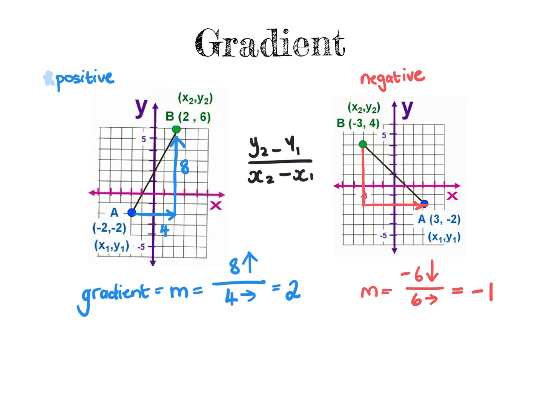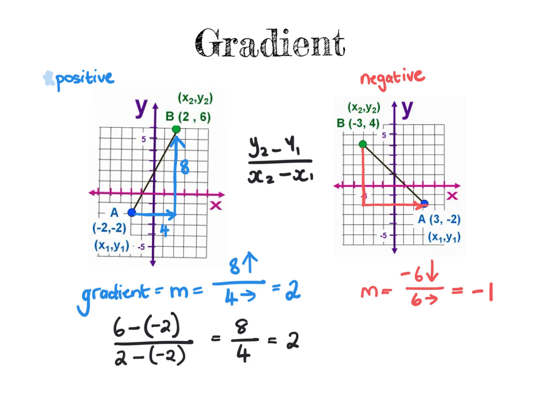So in my first example, I can take the y value of 6 and I can subtract the y value of -2. You know that this gives me 8, and then I can take 2 and I can subtract the value of -2, and this gives me 4, and you will see that I get exactly the same answer.